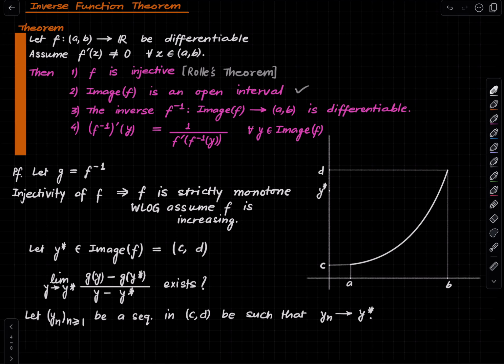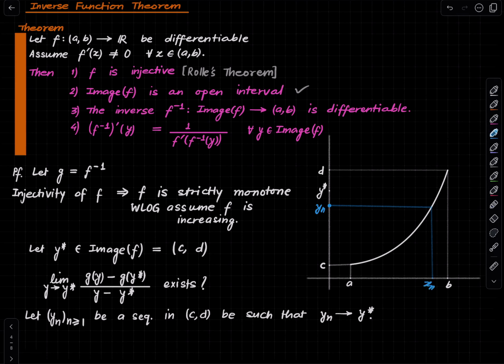And now, suppose y_n is somewhere here. If that is y_n, then we have a corresponding point x_n.